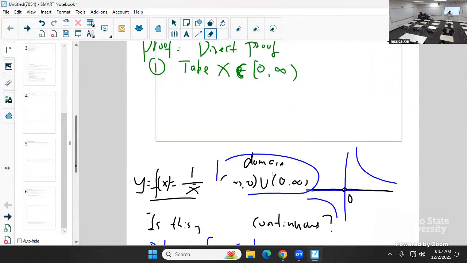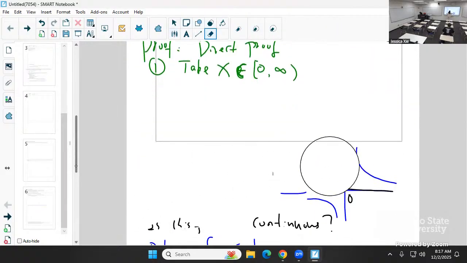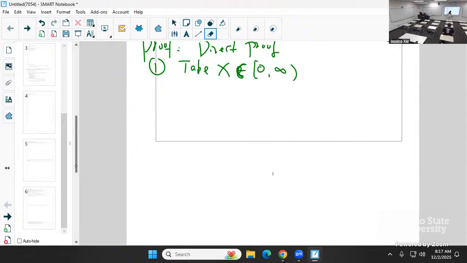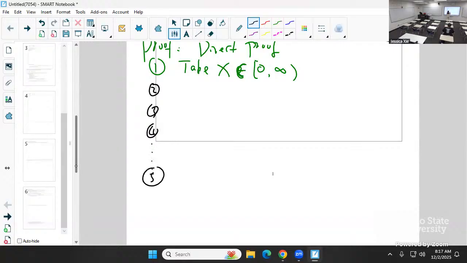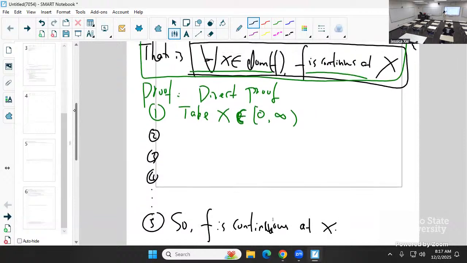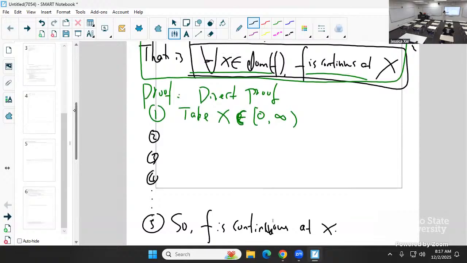Then there is a set of steps, step 3, step 4, and so on and so forth. Finally, step 5, you have to show that f is continuous at x. Pick an arbitrary point from the domain and do something.